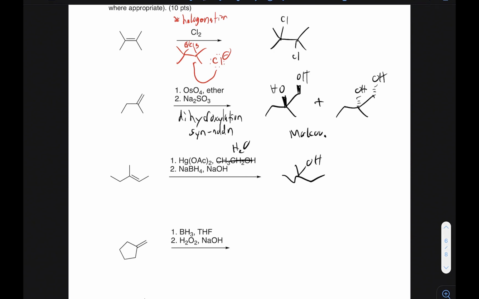But because it's an alkoxide, that whole portion, this whole thing, is adding to that alkene. Drew that terribly. Right, O, and then that alkyl group there. So the whole thing is adding Markovnikov to the more substituted carbon across that alkene.